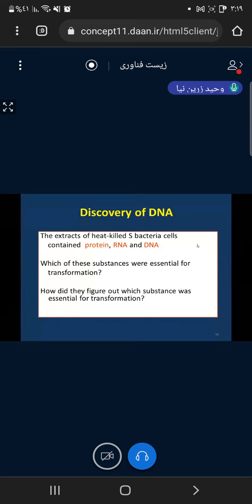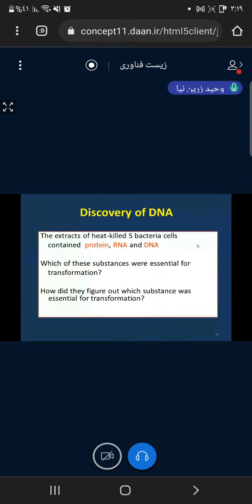As I said in the last session, in Griffith's mouse experiment, he could establish that there is a genetic material that helps the bacteria transform their shape from S shape to R shape. But what was the genetic material?